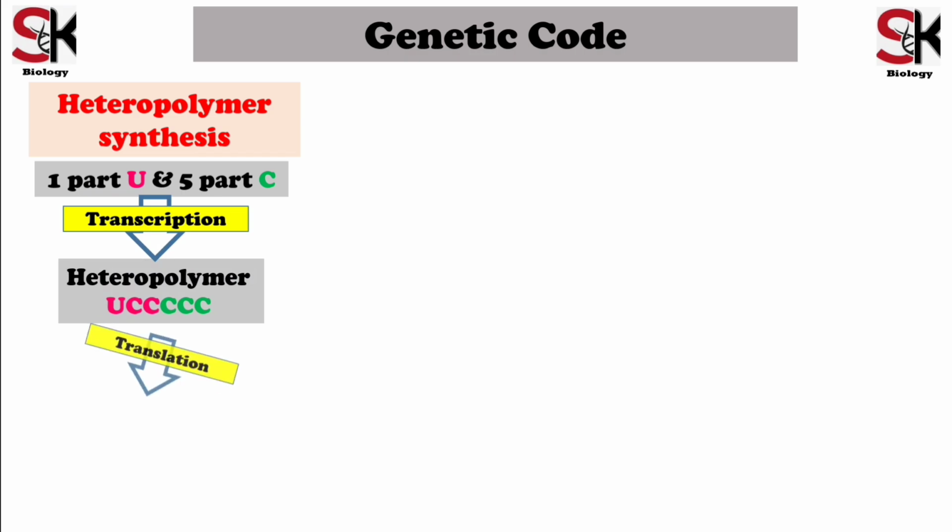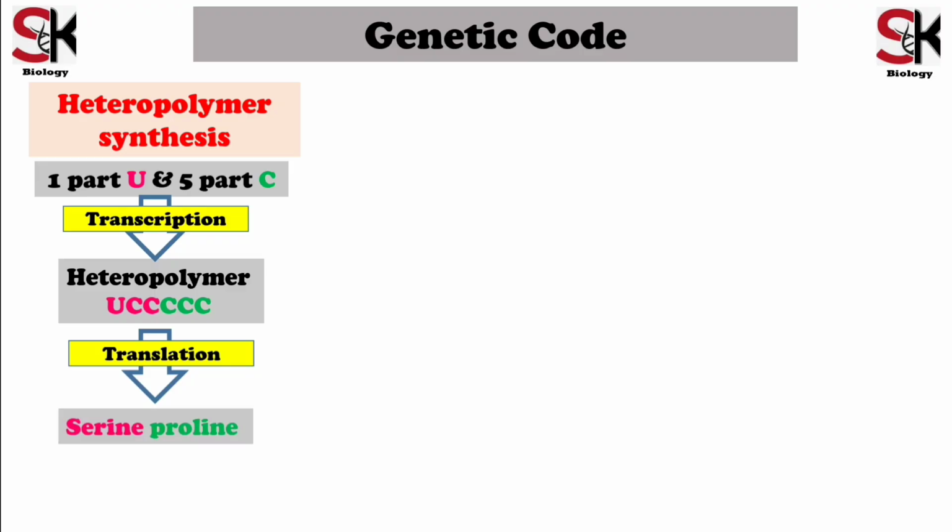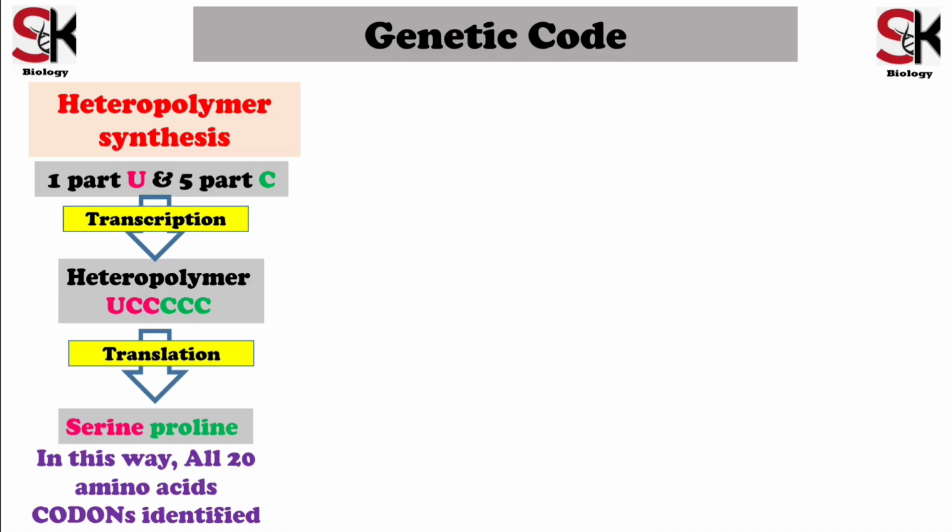Translation of this 6 nucleotide containing heteropolymer leads to synthesis of serine and proline, which suggests that the first codon UCC is coding for serine and CCC is the codon for proline. In this way, the code for all 20 amino acids has been identified.